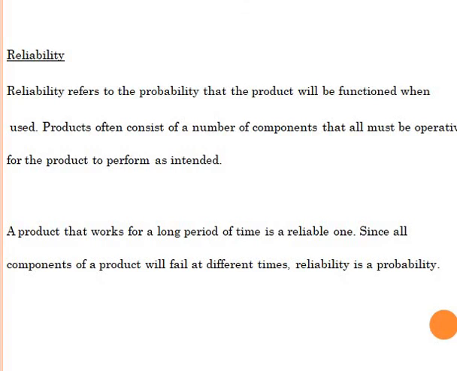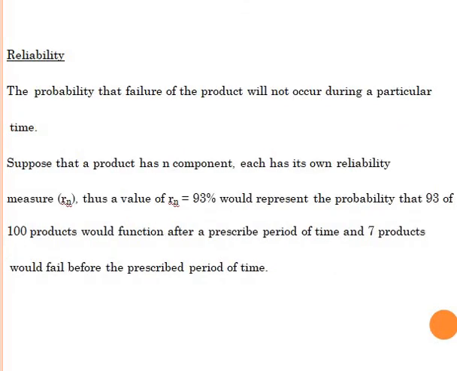So reliability is a probability. For example, when I buy a certain product, they tell you that there is a guarantee that this product will not fail before its first year of usage. So I have a guarantee of 1 year. What does it really mean? This means that this product is reliable to be used for 1 year. Now, this company will define the reliability.